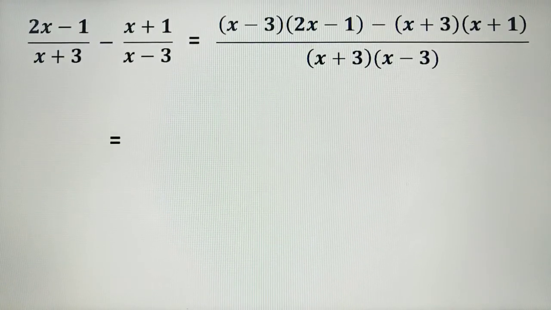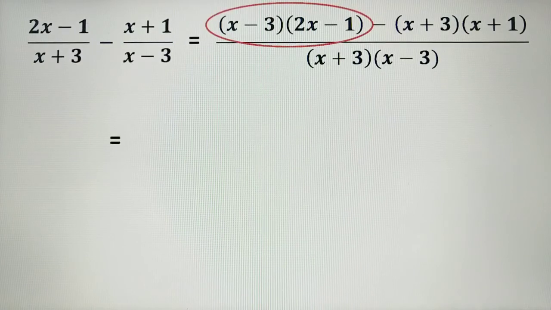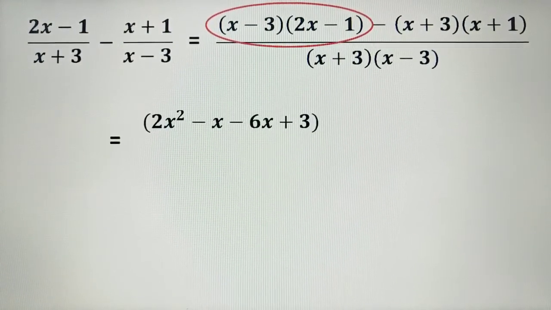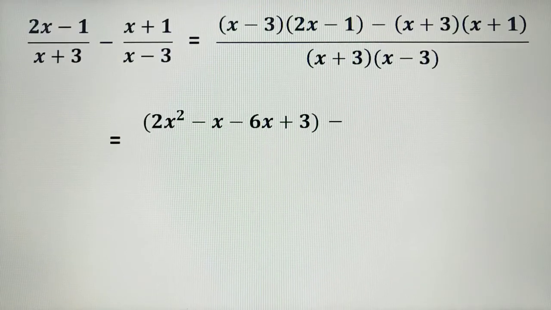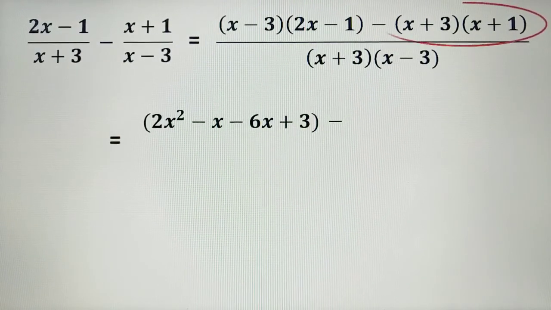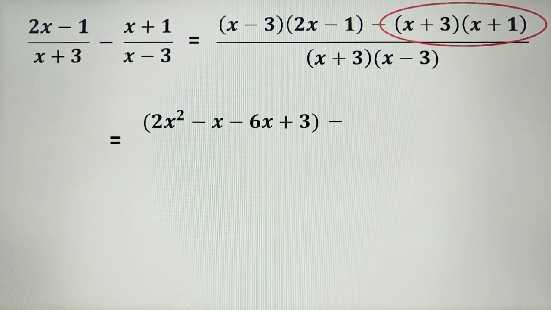Then we will simplify the numerator. We will multiply these two binomials. The answer is 2x squared minus x minus 6x plus 3 minus, then we will multiply these two binomials.